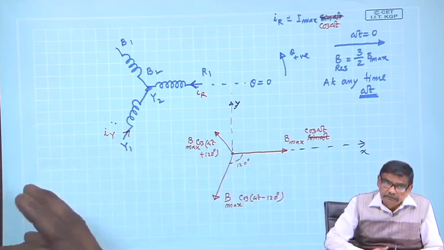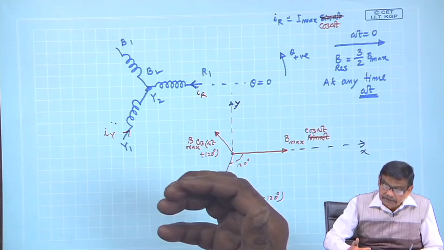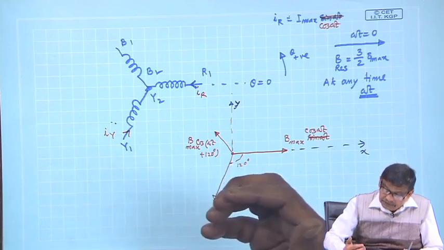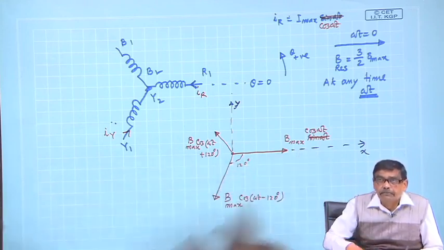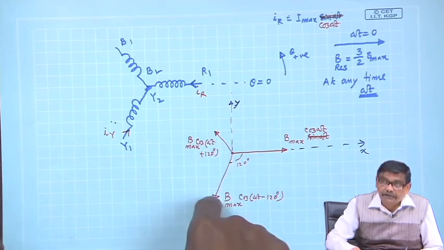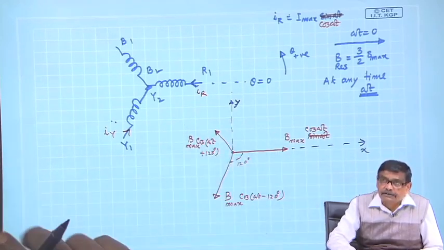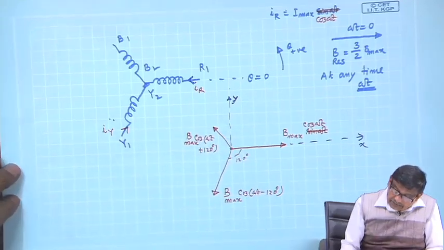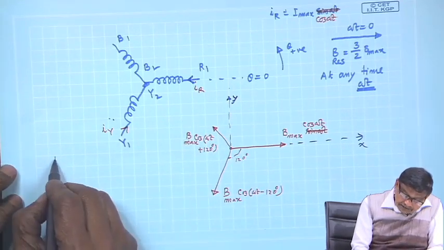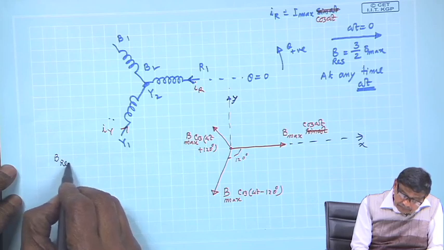Then the resultant field vector x component will be the sum of the x components of the component vectors, and the sum of the y components of the component vectors, that is the idea. So, let us calculate the B resultant x component.